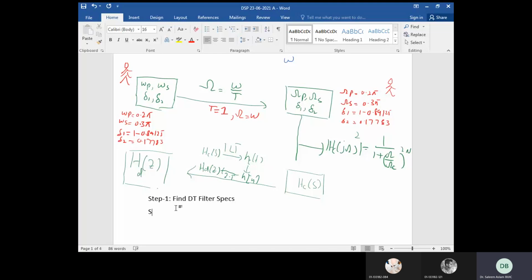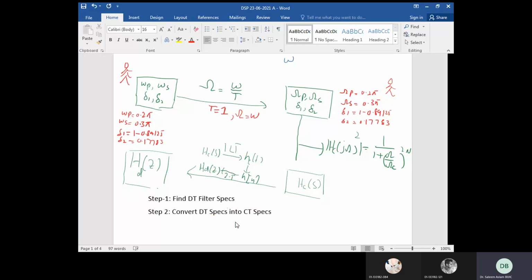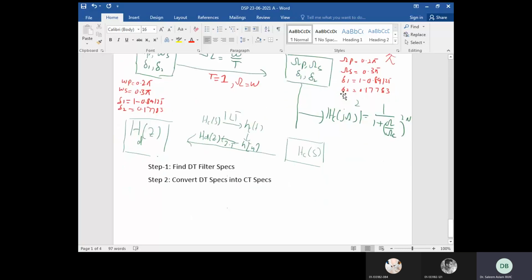Step number 2: convert discrete time specs into continuous time specs. So this is your step number 1, to find discrete time filter specs, and in step number 2, you need to convert into continuous time specs. So here we converted discrete time specs into the continuous time specs.